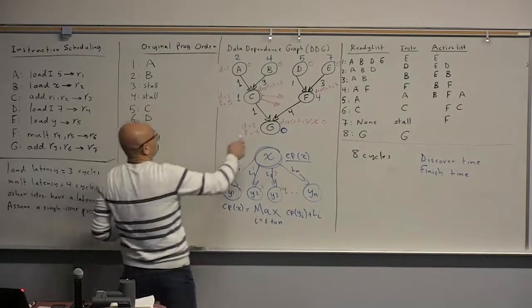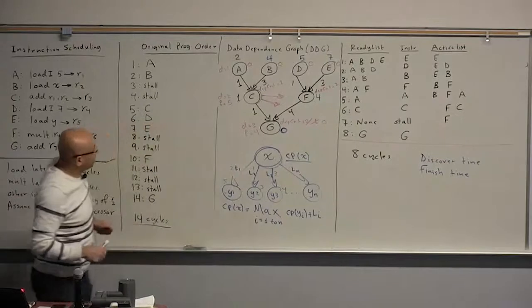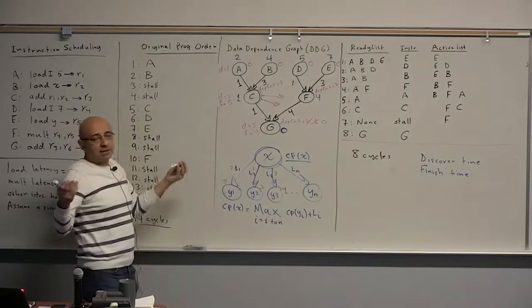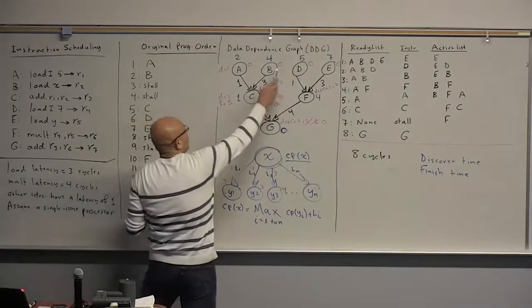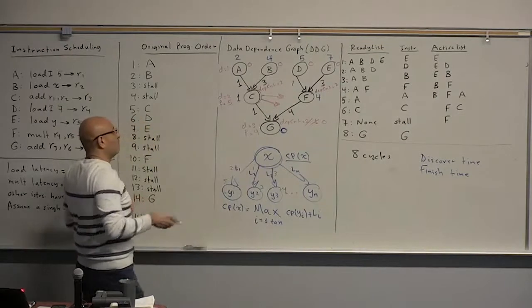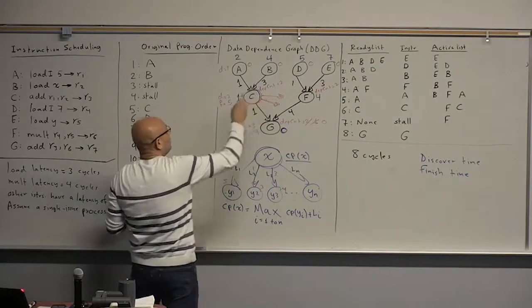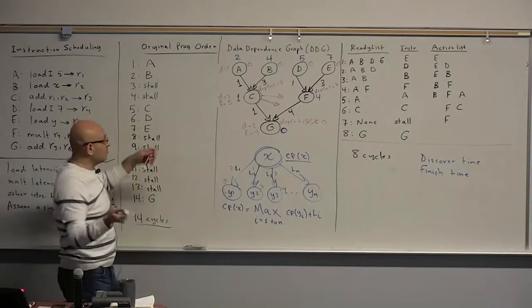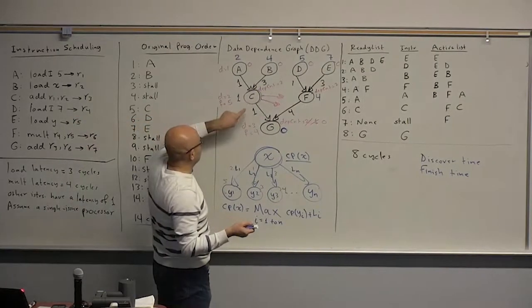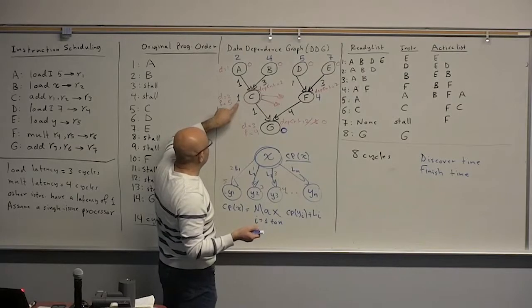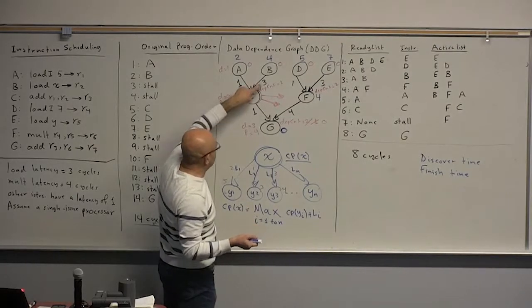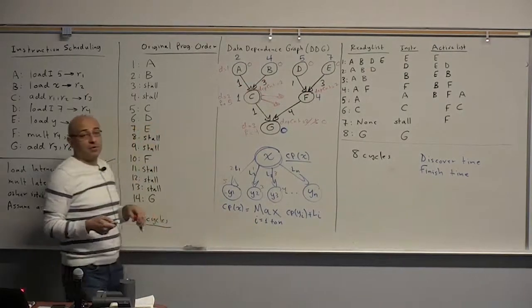Now we start another DFS search. If we start DFS from B, C will already have been finished, and we know the critical path of C, which is 1. So the critical path of B is going to be 1 plus 3, which is 4.